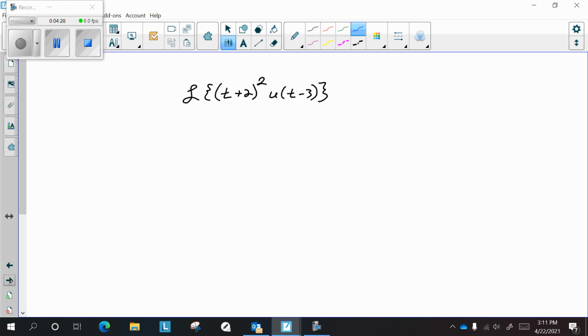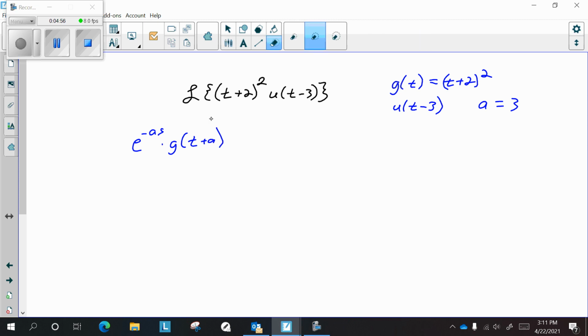All right, let's take a look at this one. So our function is t plus 2 squared. Our step is u of t minus 3. So in this case, a is 3. So to take the transformation of that, it's going to be e to the negative as times the transformation of g of t plus a.